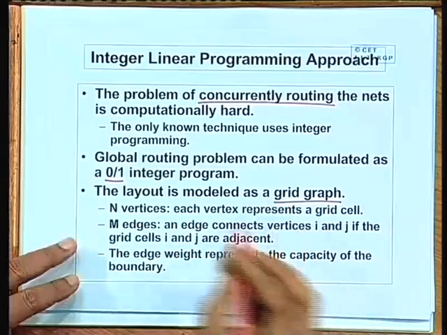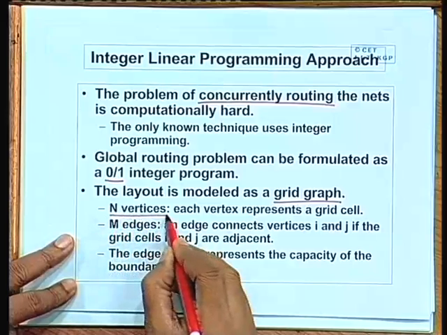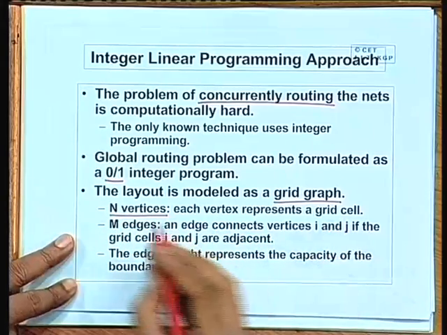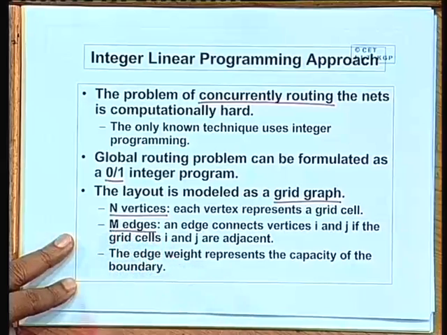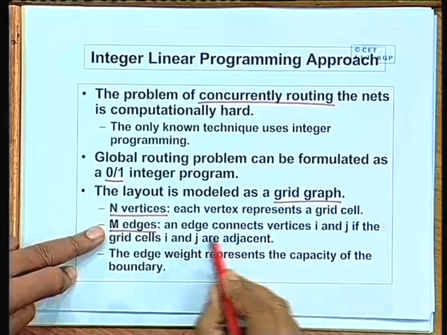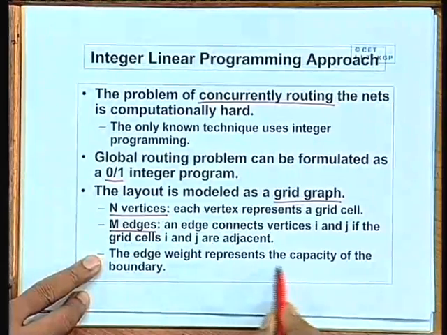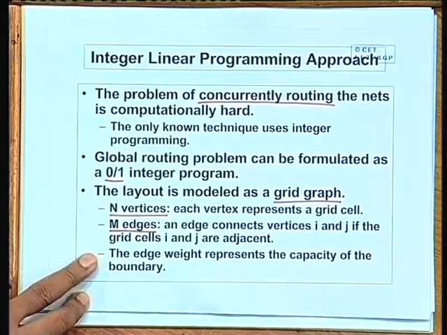In the grid graph there are n vertices, where if you recall, the vertices represent the grid cells. There are m edges, so an edge will be connecting two vertices if the cells are adjacent. The edge weight represents the capacity of the boundary.